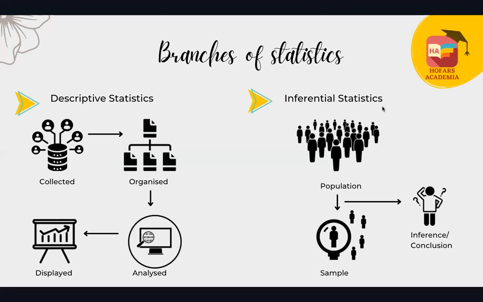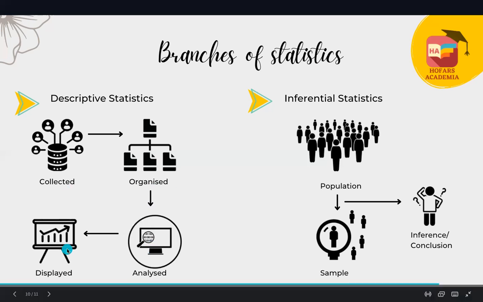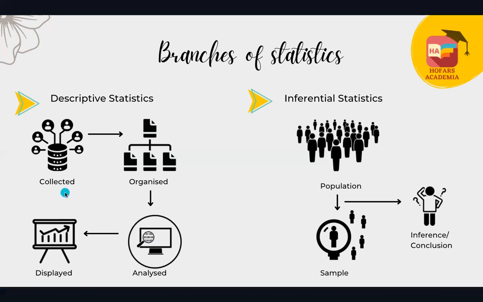About descriptive statistics, as you could see here, you collect data. That collected data is organized, analyzed, and displayed. But the major difference between the two is that in descriptive, we are not sure whether this data is a sample that is part of the population or the entire population. So at this stage we do not really know.